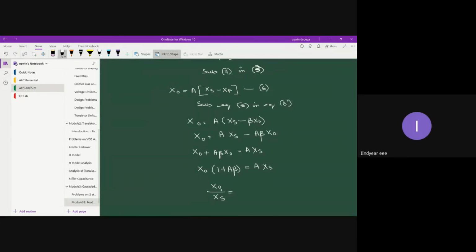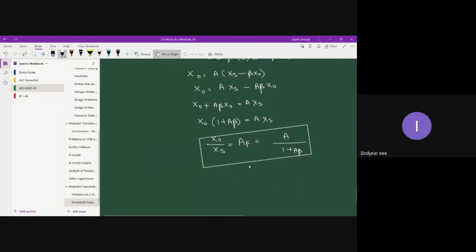What did we take? The ratio x0 by xs as AF. So AF is equal to A divided by 1 plus A beta. This is the expression for the feedback gain, that is the overall feedback gain, where A is the amplifier gain and beta is the feedback factor or feedback gain.